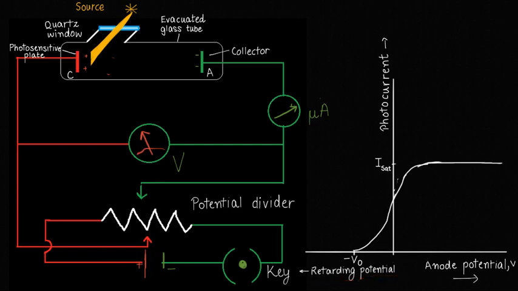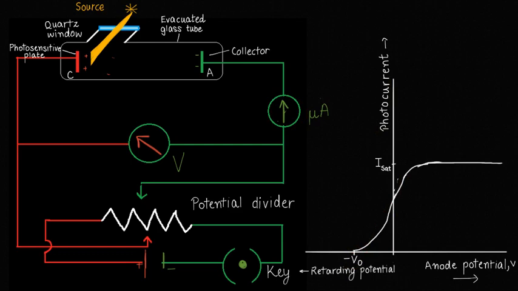That means we are decreasing our voltage, and the current also starts to decrease, until a point where the current becomes zero. The potential V naught at which the photocurrent becomes zero is known as the stopping potential. So this is what we have discussed up till now.